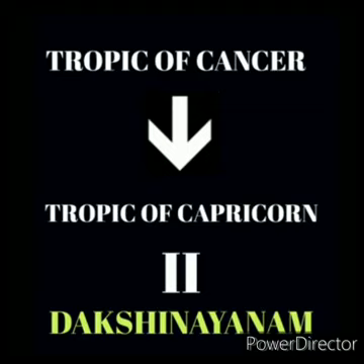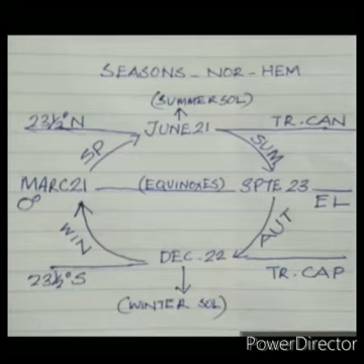This southward apparent movement of the sun from Tropic of Cancer to Tropic of Capricorn is known as Dakshinayanam. Look at the picture again.